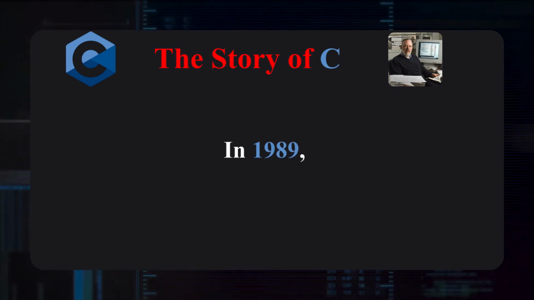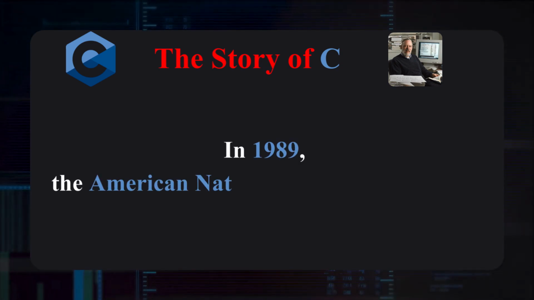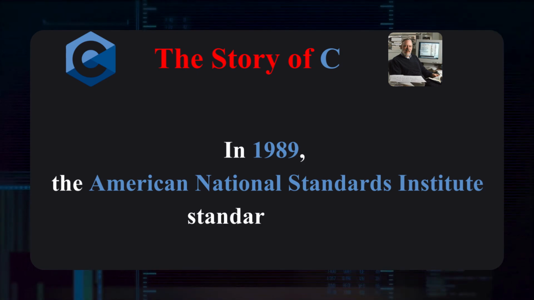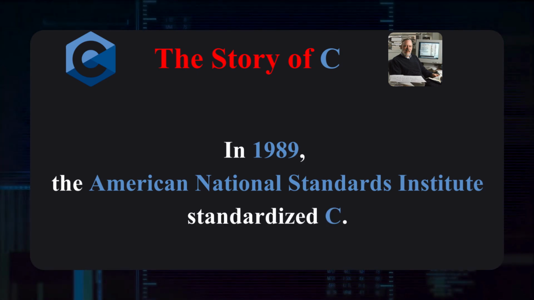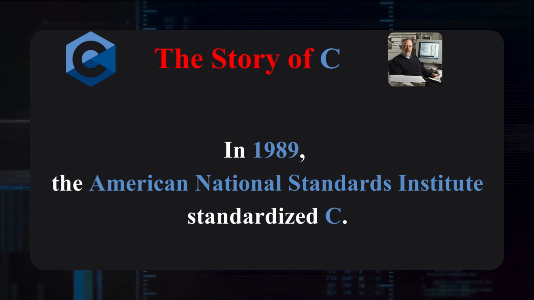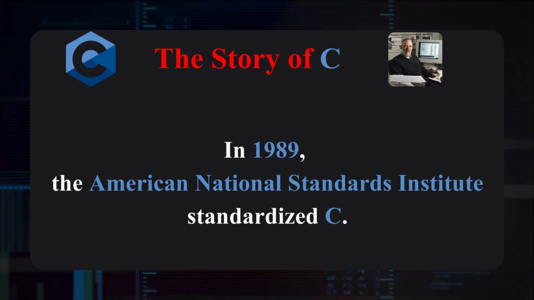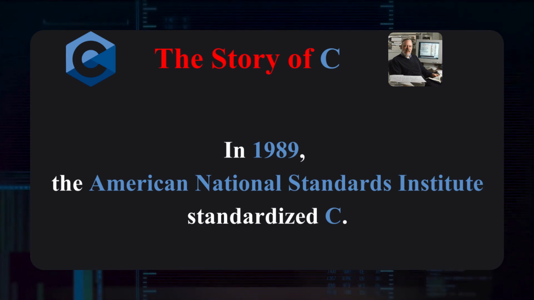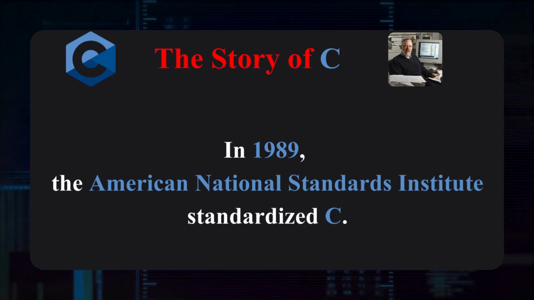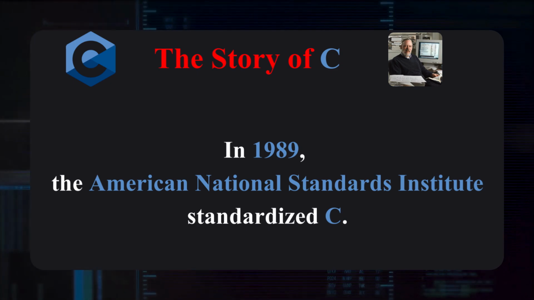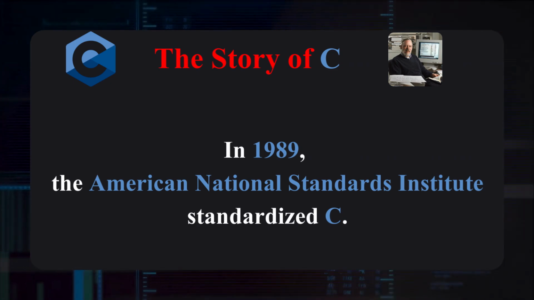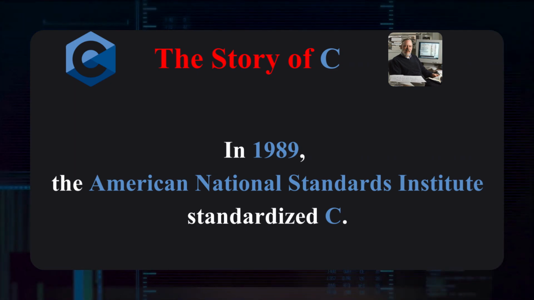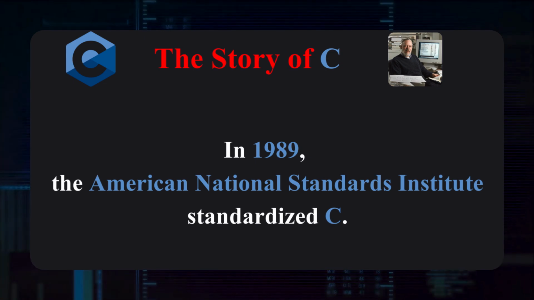So in 1989, the American National Standards Institute standardized C. This version became known as ANSI C or C89. Later updates included C99, C11, C17, and C23. Standardization made C stable and reliable for the long term, and that's one reason it's still used today.